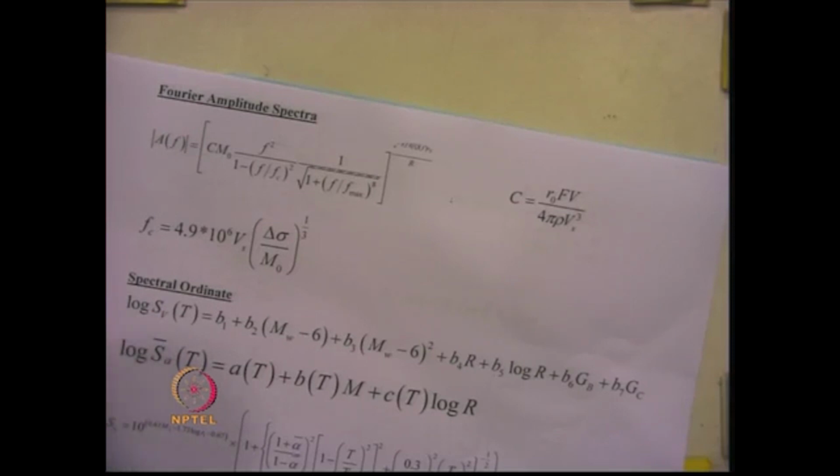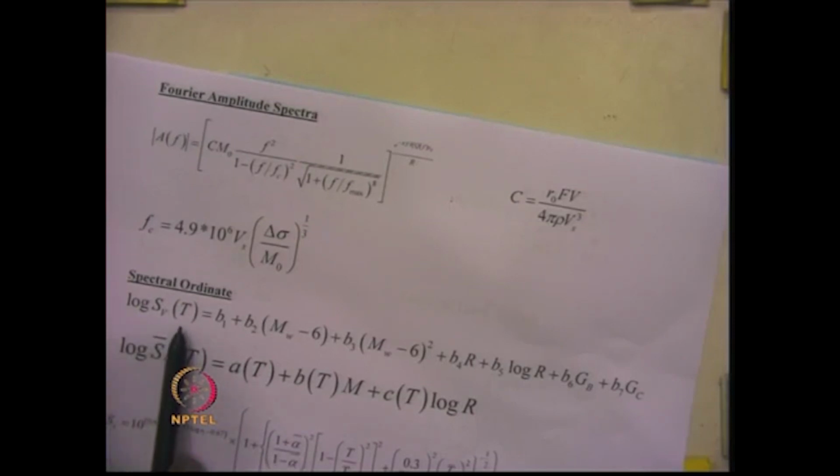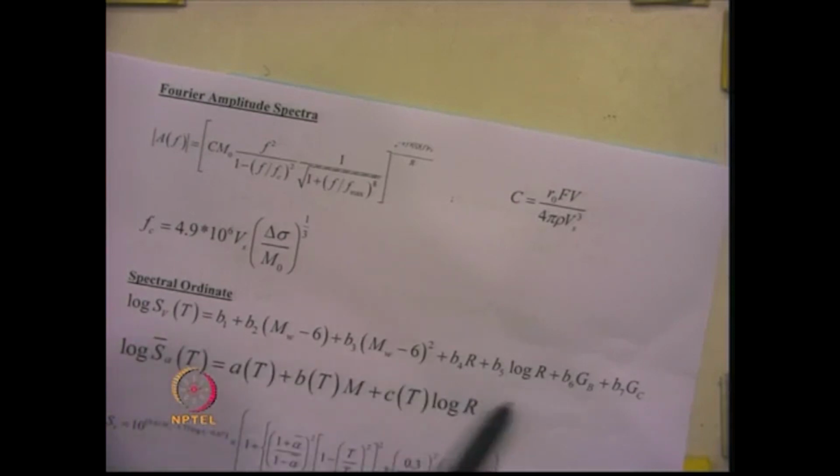Next, people also tried to obtain the empirical relationships for the response spectrum or velocity response spectrum SV. So, this is time period dependent. Log SV(T) is given by this equation, and one can see that it is related to the magnitude MW and epicentral distance r and a number of constants.